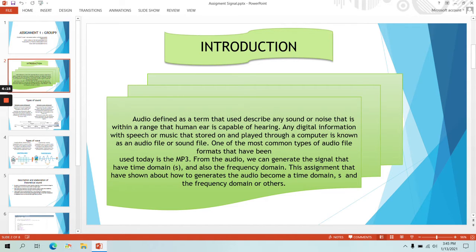One of the common audio file formats used today is the MP3. From the audio, we can generate a signal that has a time domain and also a frequency domain. This assignment shows how to generate the audio into a time domain and a frequency domain.